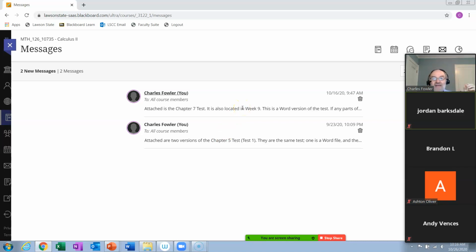Now, I have had a few students in the past that have a different version of Word on your computer than what I have on mine. If you cannot see all of the equation mode stuff that's on that, let me know, and I'll also load a PDF of this, because sometimes Word doesn't transmit well.